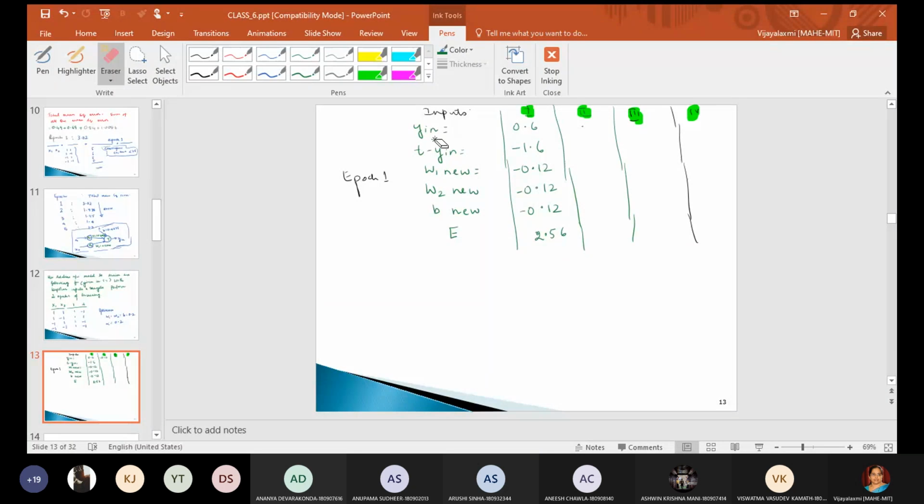Wait, one second. T minus Y in. Okay, no, I'm sorry. Y in is minus 0.12. So whatever the target minus whatever Y in you have got, that has to be used.